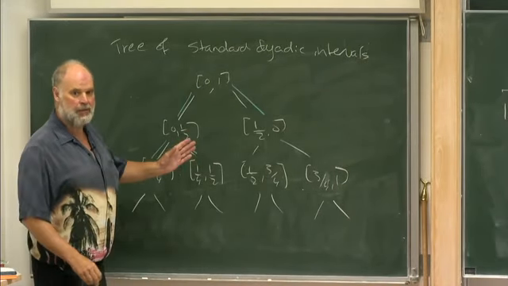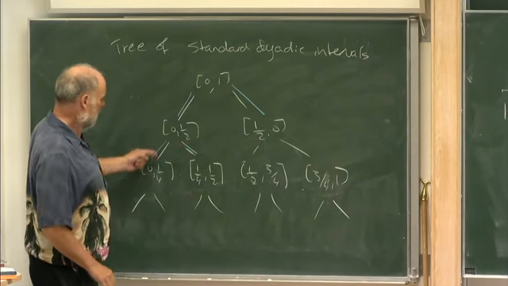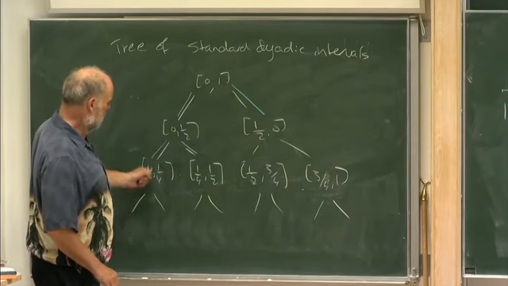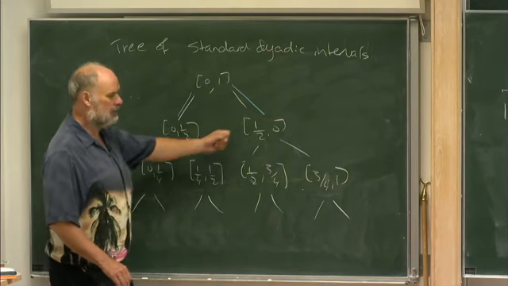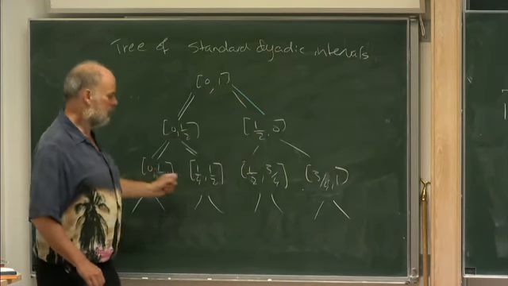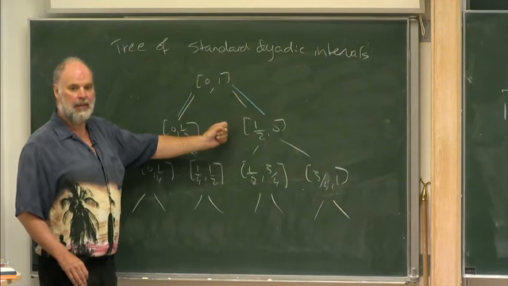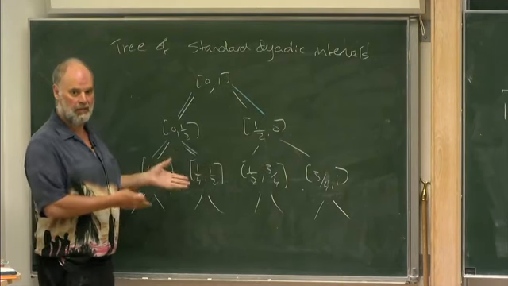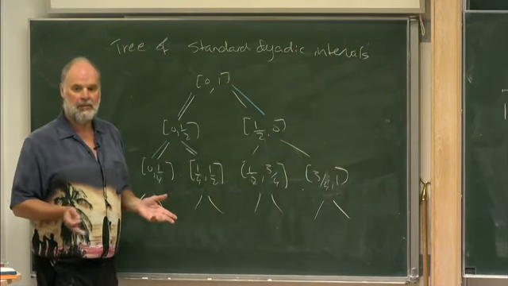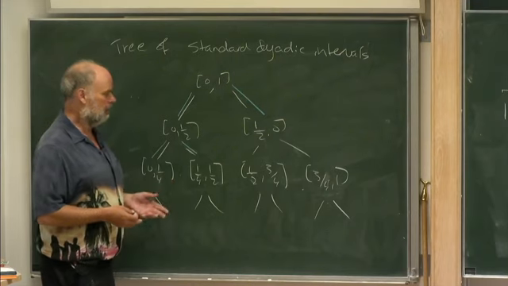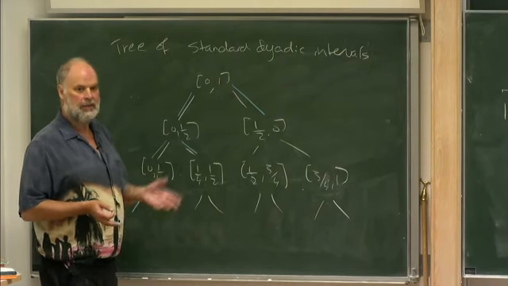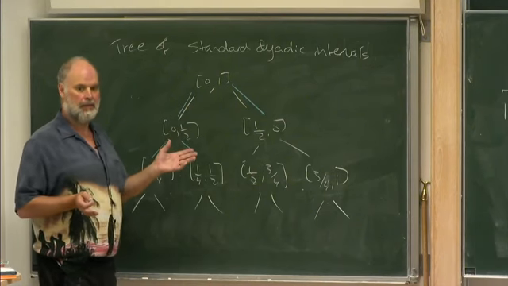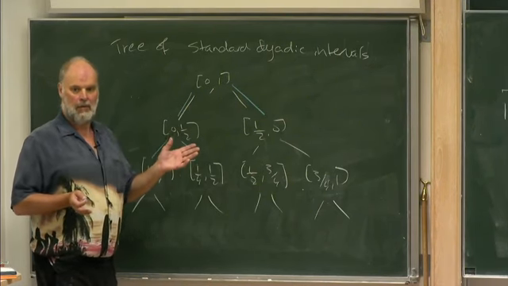So let's draw a subtree of this tree, which I'll put in blue. That consists of this interval, and this interval. Okay? So these intervals are manifestly a standard dyadic partition. Just look at it, that's the way it has to be. So we see immediately by this example that standard dyadic partitions and subtrees of this tree are one and the same thing.